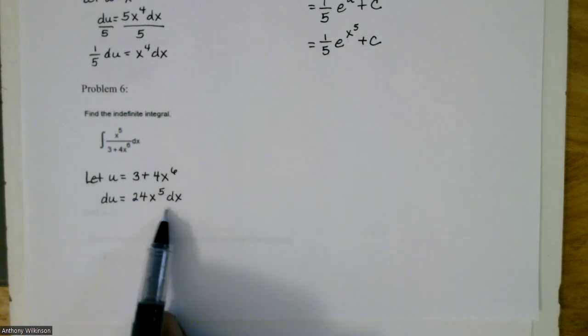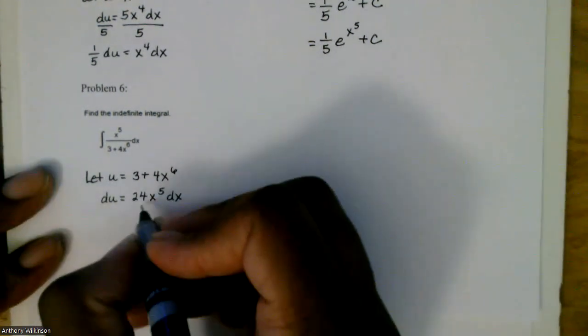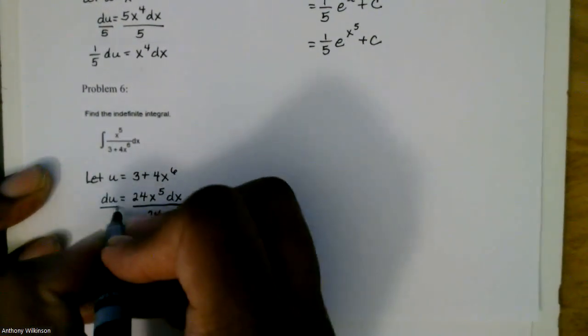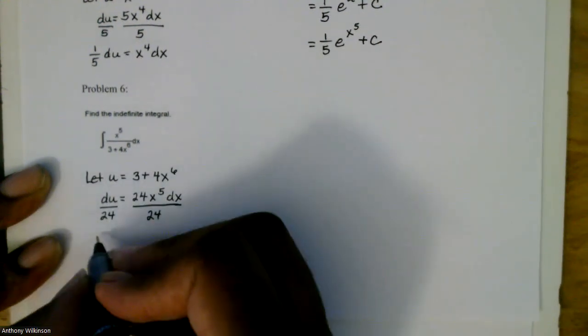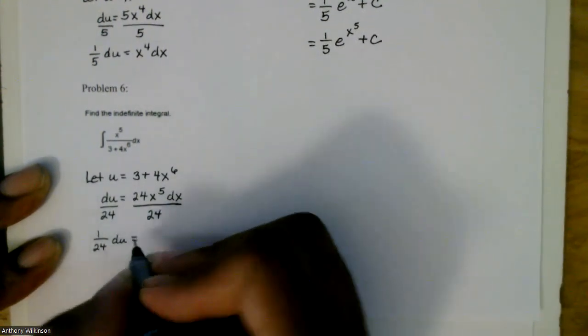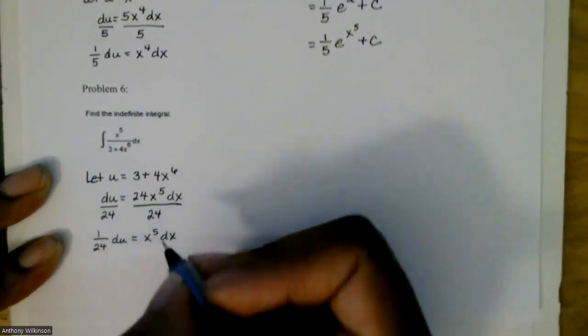So if I want this to be x to the fifth dx, since it's being multiplied by 24, let's divide both sides by 24 in this equation. So I'm going to have 1 over 24 du is equal to x to the fifth dx.